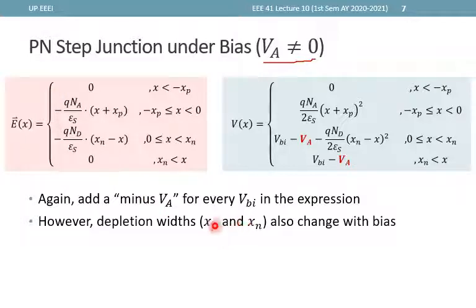But note that XP and XN also change with bias, and therefore they are functions of the built-in voltage. So XP is a function of VA, XN is a function of VA, and the total depletion width is also a function of VA. And so when we change VA, all of these terms change with bias, although it is not obvious in this formulation.